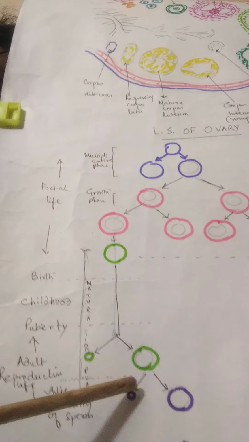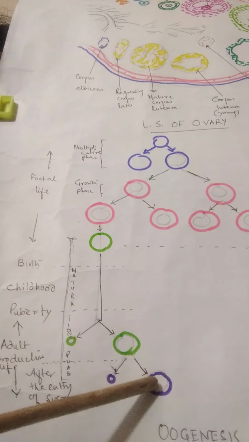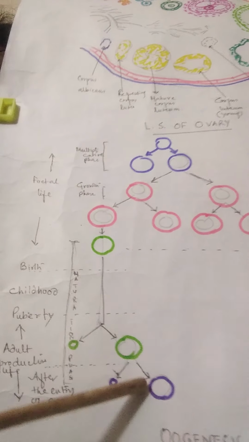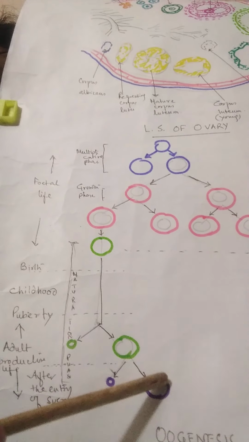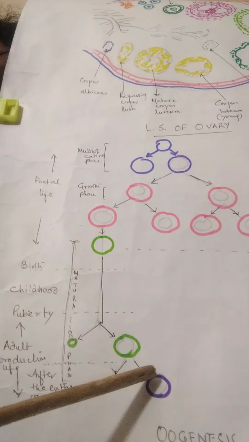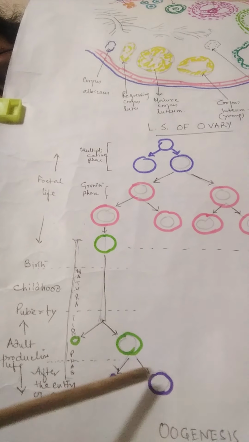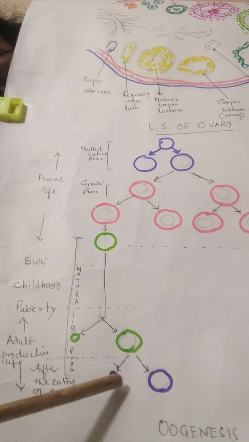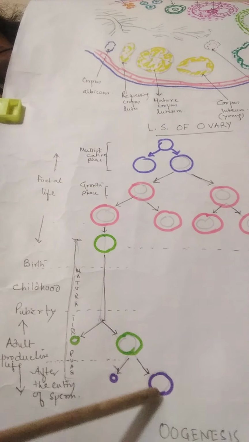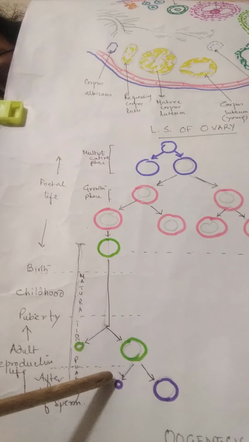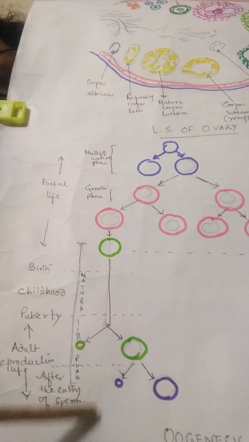During this phase, if the sperm enters, the metaphase promoting complexes are destroyed and the anaphase promoting complex is produced, so meiosis 2 is resumed and completed, and it forms the ovum and the second polar body. This phase is called the maturation phase.